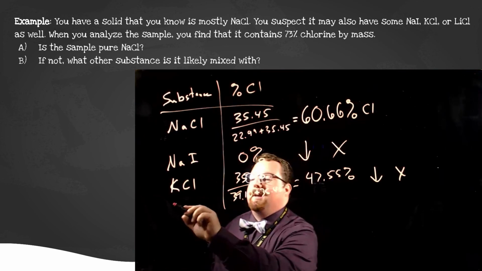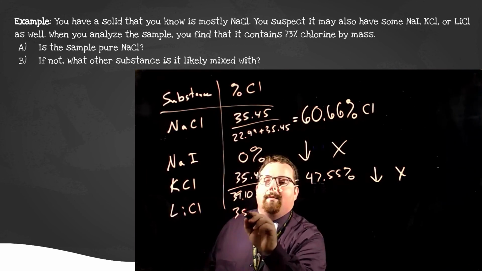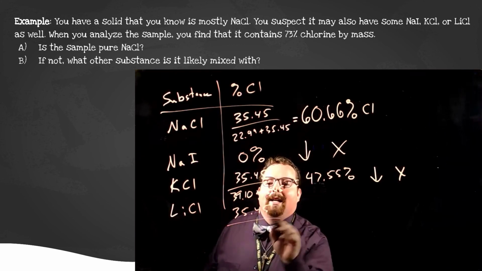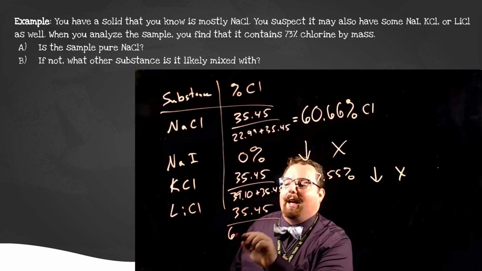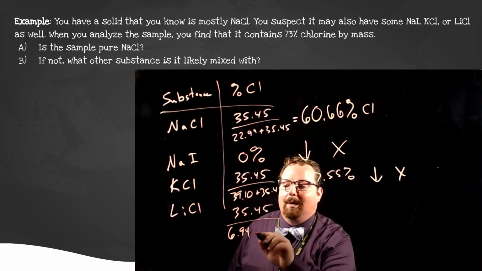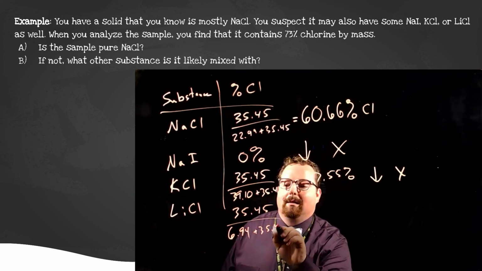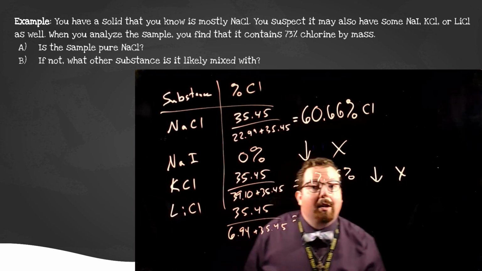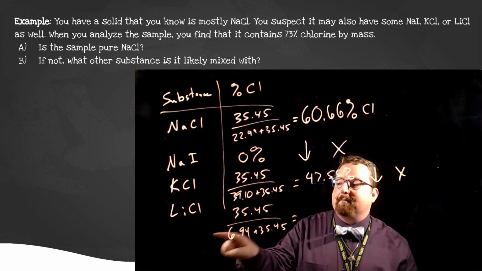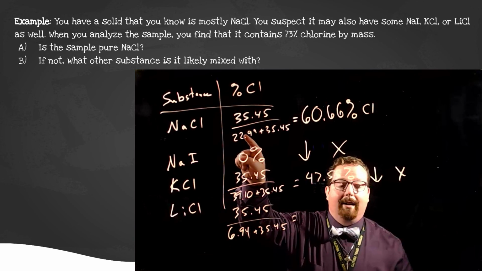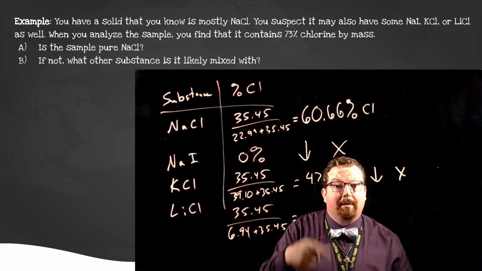Lastly, we have lithium chloride. Do this one the same way, 35.45. Lithium is only 6.94 grams per mole. And you can already tell, since this denominator is much smaller than this denominator, this answer should be much higher.